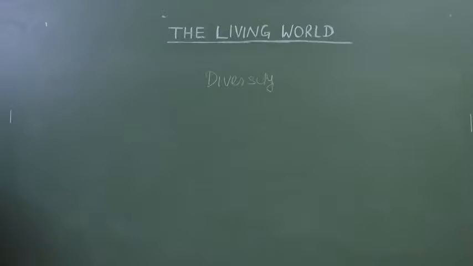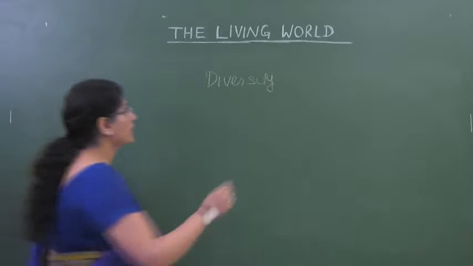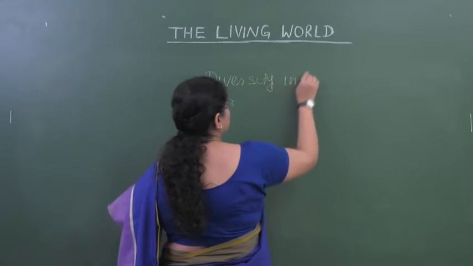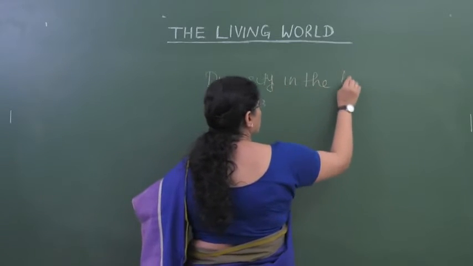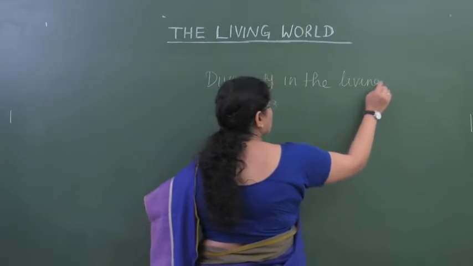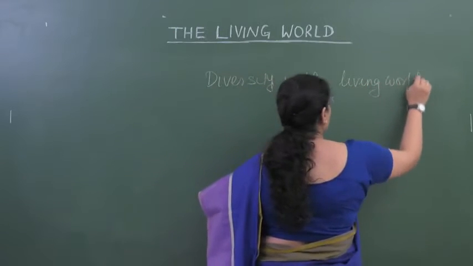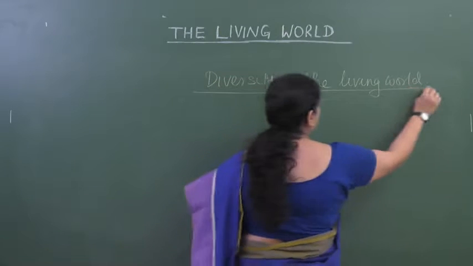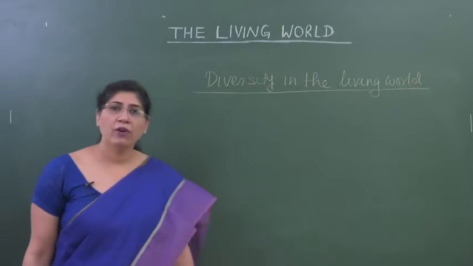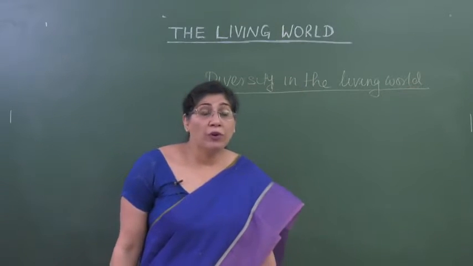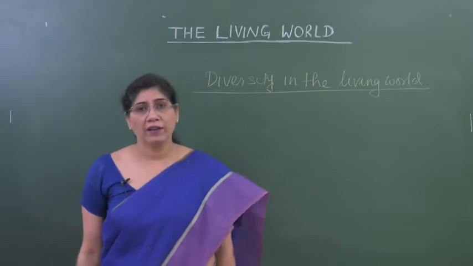Okay, I think most of you have got the point. So, diversity in the living world. We have understood that the living and non-living are different. So, I want to understand how many living are there.